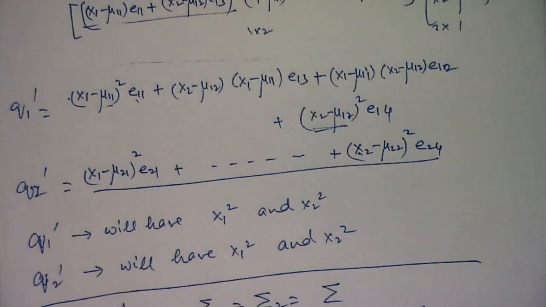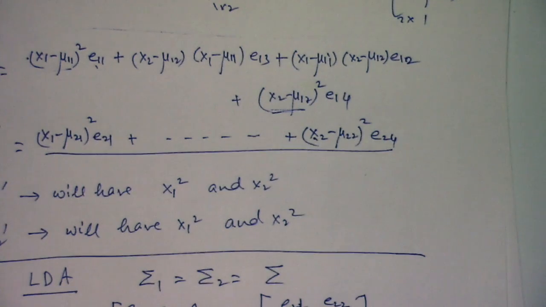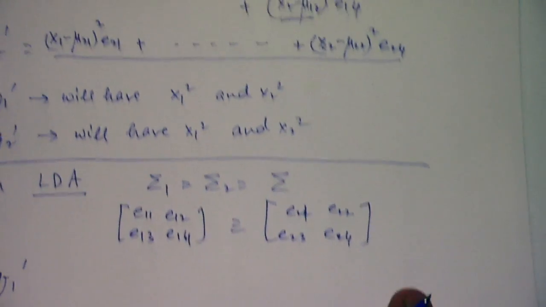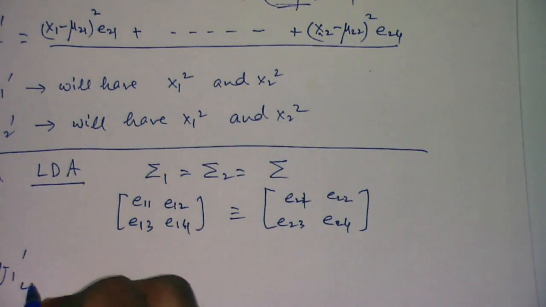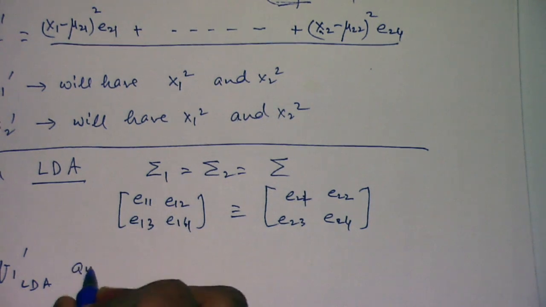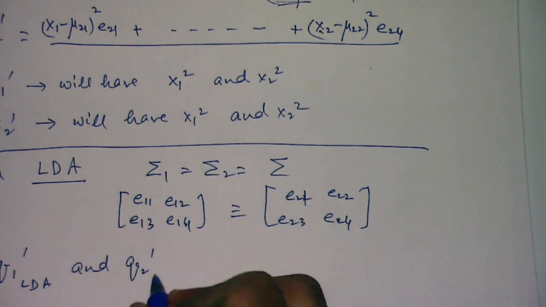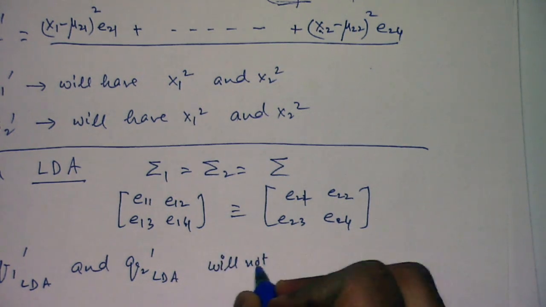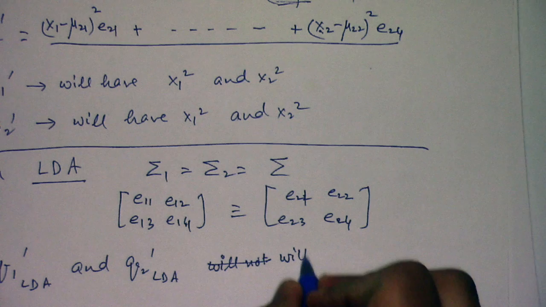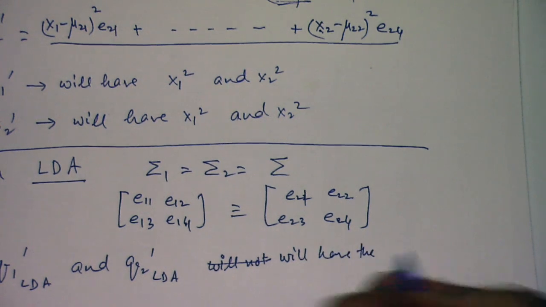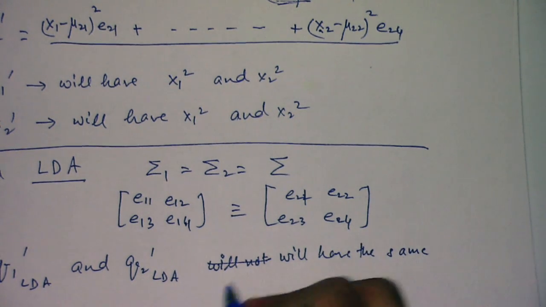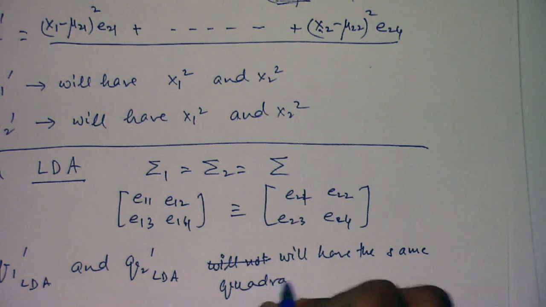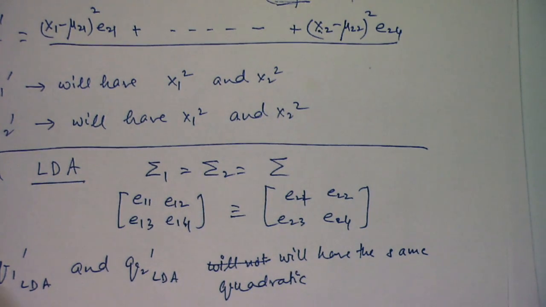So when we compute in LDA, the q1 prime for LDA and q2 prime for LDA will have the same quadratic term, which means that they do not have any effect on determining which one is larger and which one is smaller.